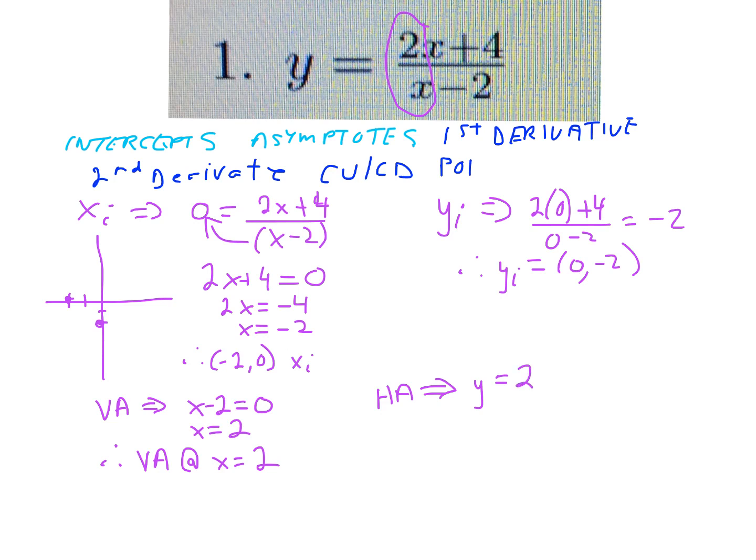And so on our axis here on our grid, we've got a vertical asymptote at x equals 2, so that would be going like this. And we have a horizontal asymptote at y equals 2, like that. Okay? So we're already starting to get a good idea of the shape of our curve.